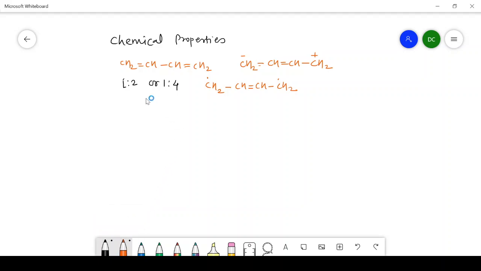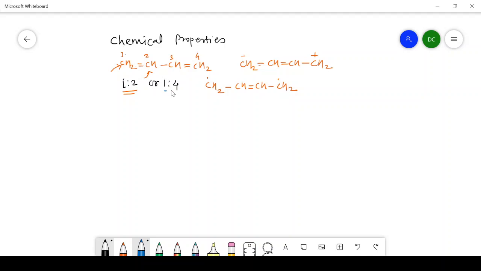It simply indicates that when there is a 1,2 addition, then one atom or one group is going to add with the first carbon and another atom going to add with the second carbon. So it indicates the numbers of the carbon. Suppose this is the first carbon, this is second carbon, this is third, and this is fourth. In this 1,2 addition, this 1 and 2 are nothing but numbers of carbons.